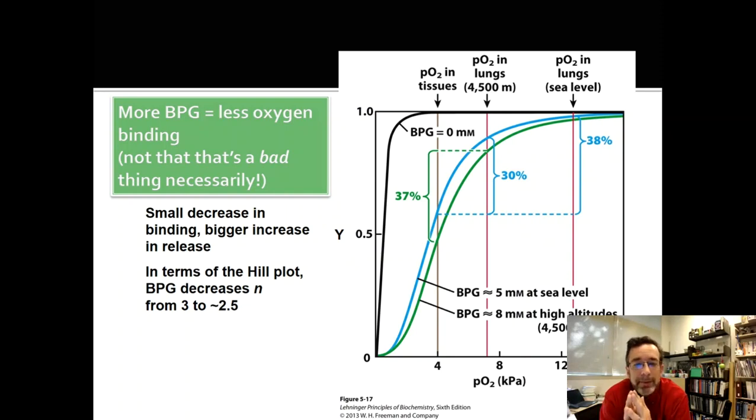That's why you're gasping. It also changes the Hill plot, by the way, because the n is being decreased from close to 3 to about 2.5 when you plot this out. So you have less oxygen binding.